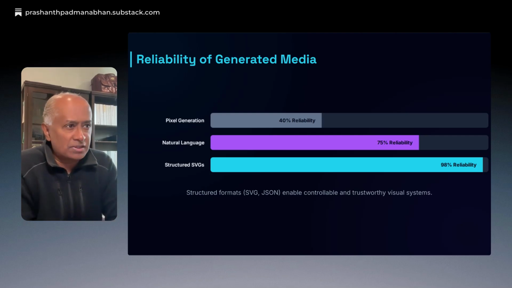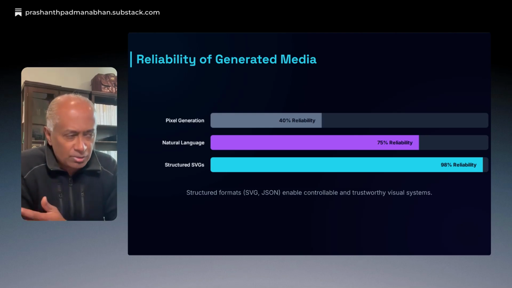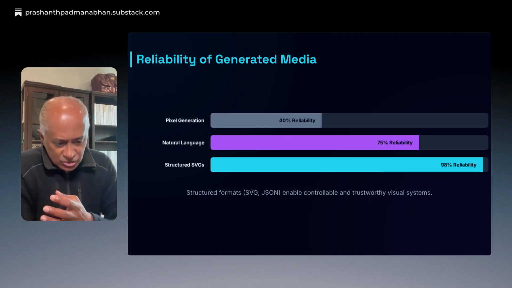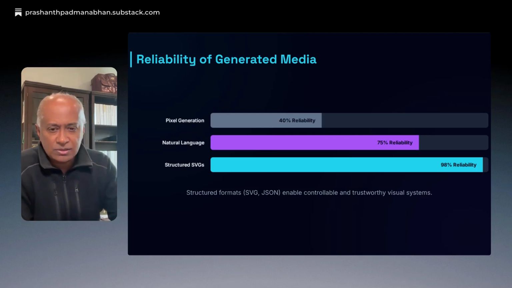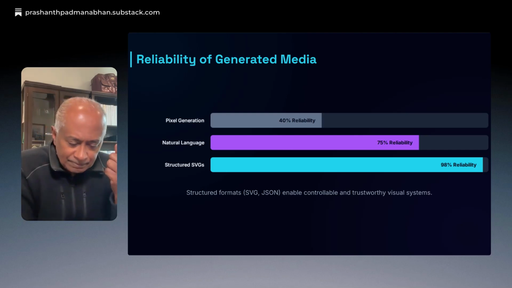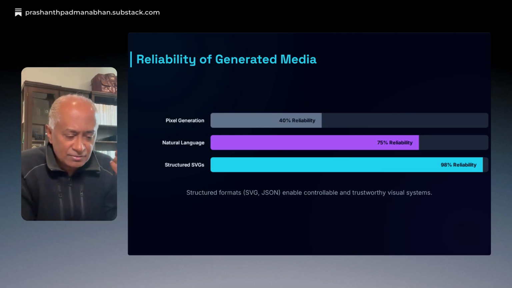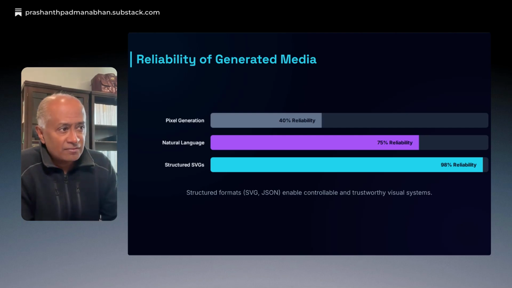I would say just 40-50% maybe, and the reliability of natural language responses is about 75%, depending upon your prompt. But the reliability of creating a structured visual output in an SVG format, it's a scalable vector graphic format, is very, very high.